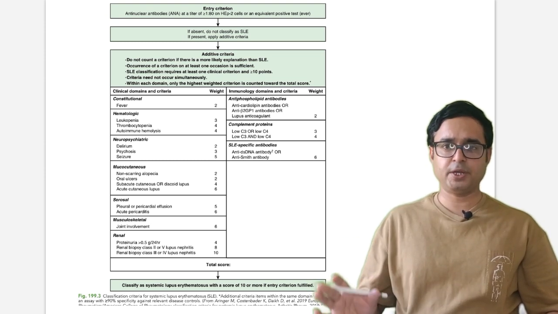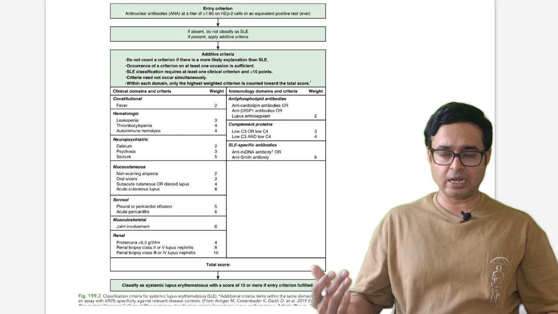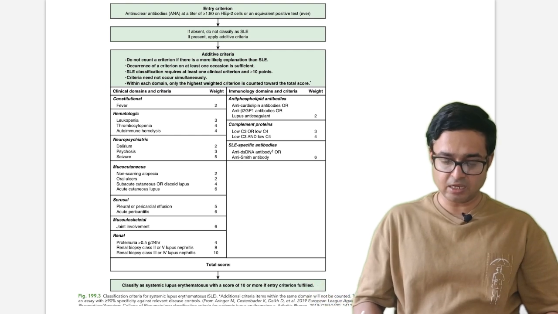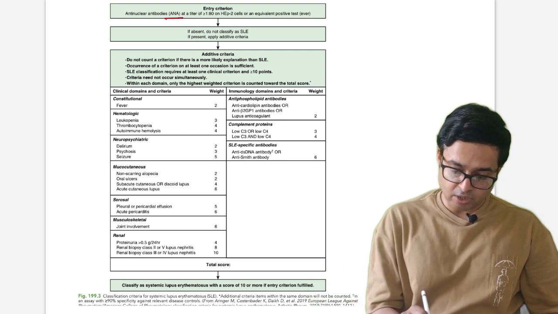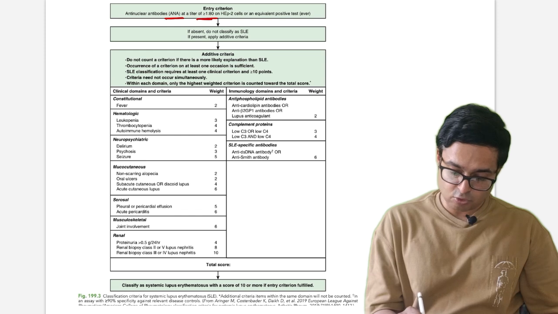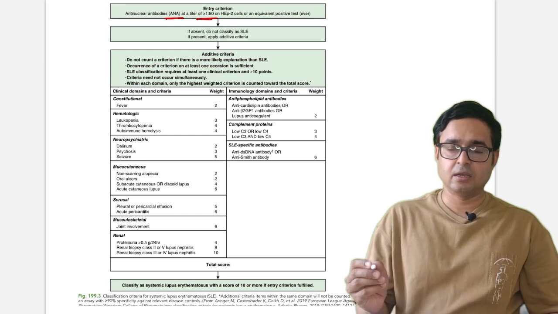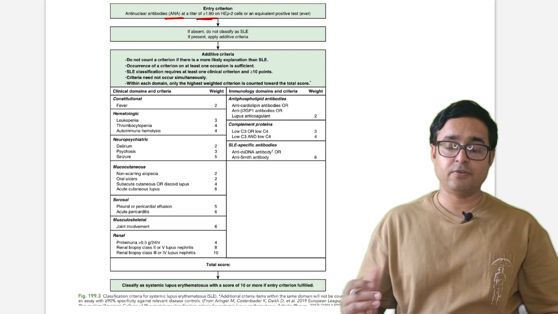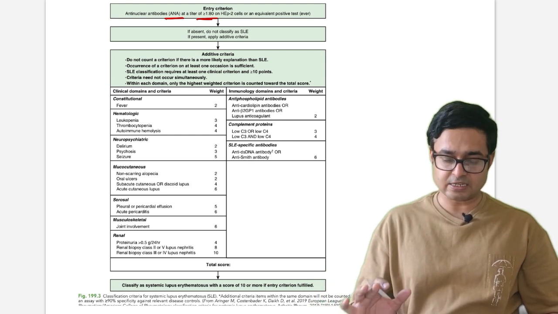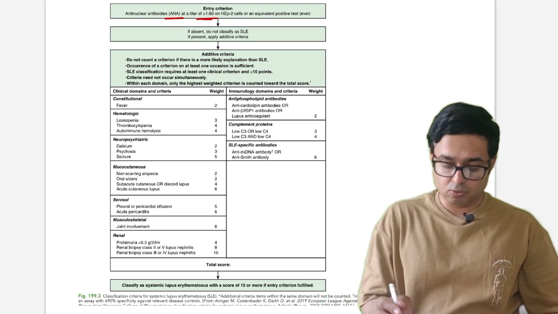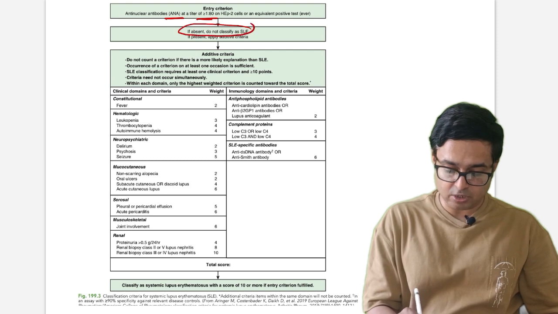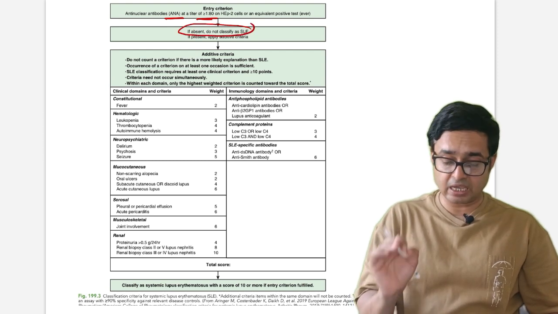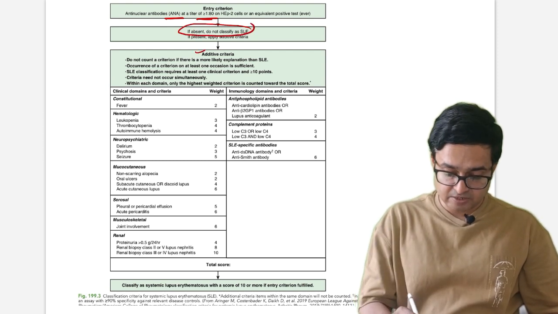Okay, you find a patient, and according to clinical symptoms you are suspecting SLE. Do one thing: go for ANA titer. If it is more than 1:80, then we should go for additive criteria. If it is less than 1:80, just rule out SLE. Very important. So first thing we'll do is ANA. Second thing, additive criteria. What will we do?